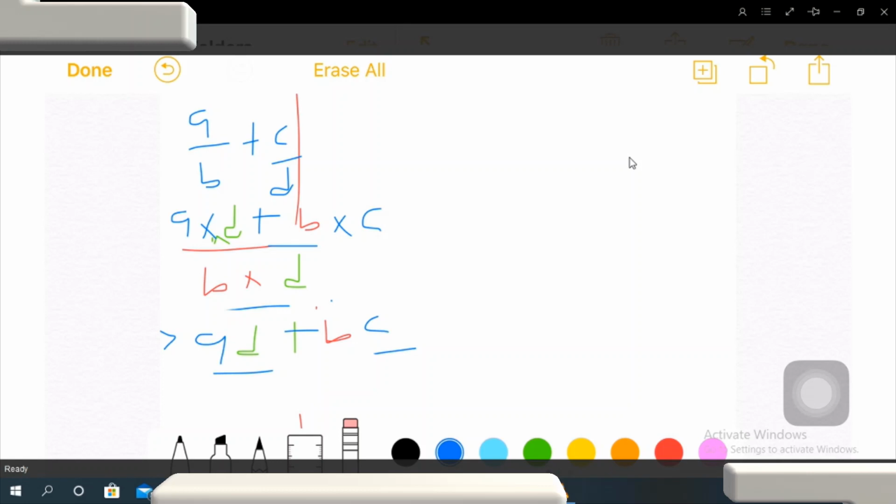Jeez. Why do I keep drawing a shoe for a D? Okay, we'll take it like that. So you see how the colors have been moved. So AD plus BC over BD. So we see how we've distributed it.